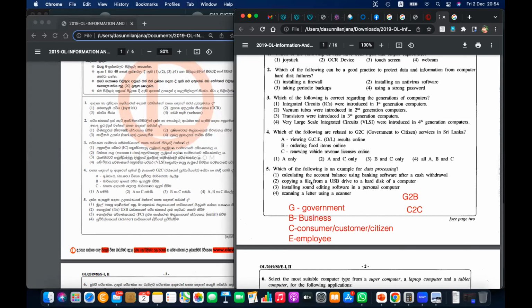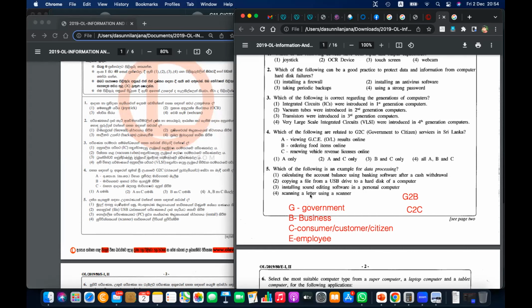You're assembling the file, you're copying portion by portion and assembling that in the format of the magnetic disk by copying that from electronic SSD. So that is kind of data processing. In advance, yes, that's true. And installing a sound editing software, that is basically arranging the file in an order in a personal computer and configuring the setting.